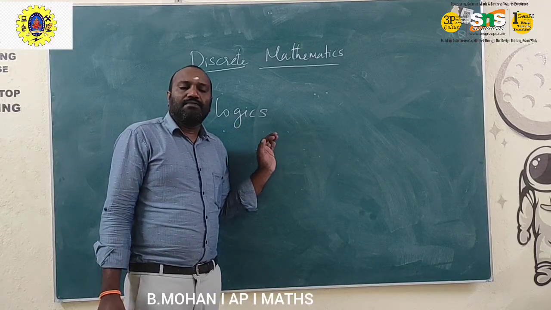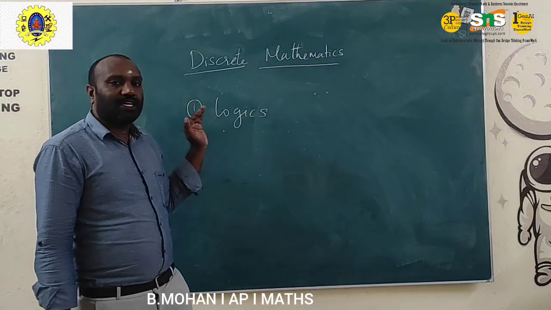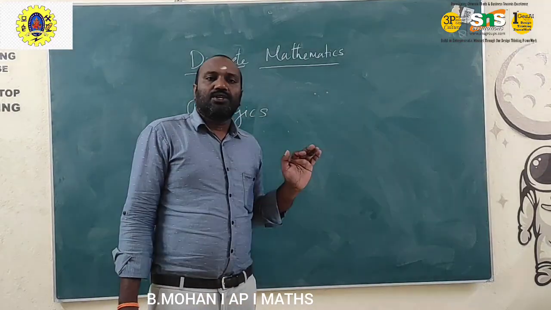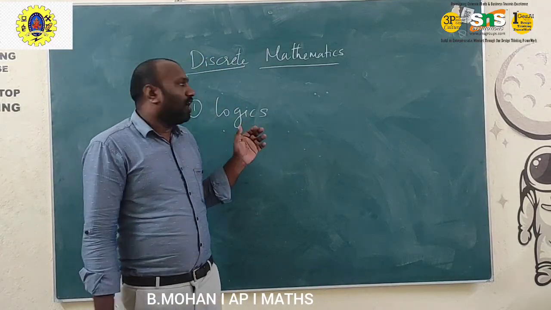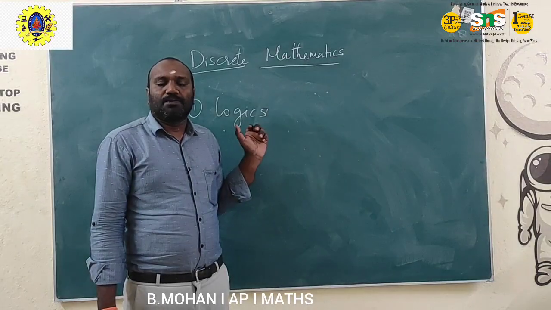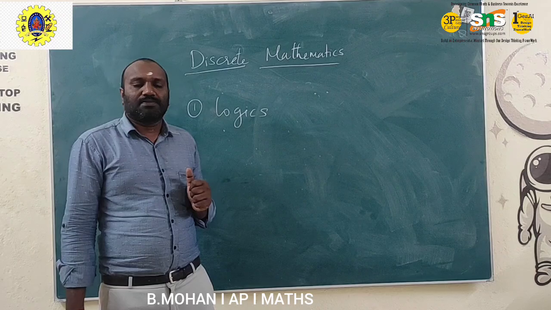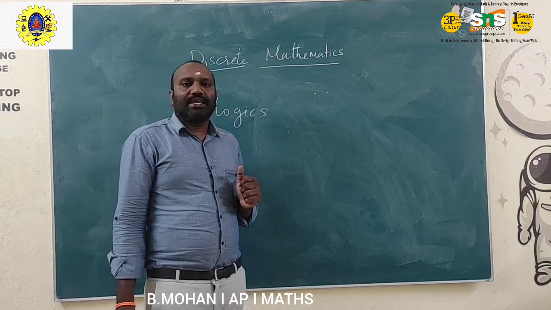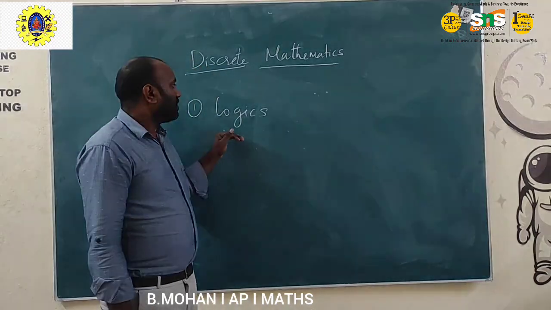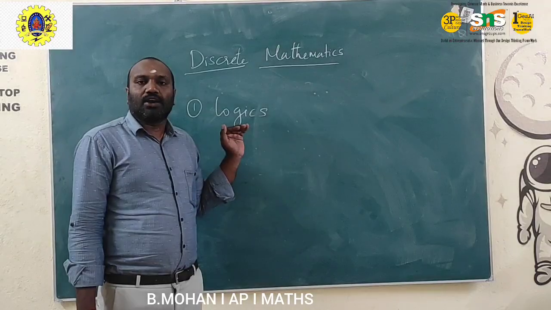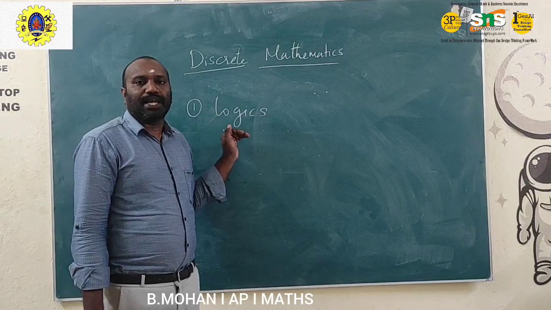So first of all, we know that discrete mathematics is useful for mathematical structures. Mathematical structures basically use algorithms, and those algorithms use many logics in their programs.